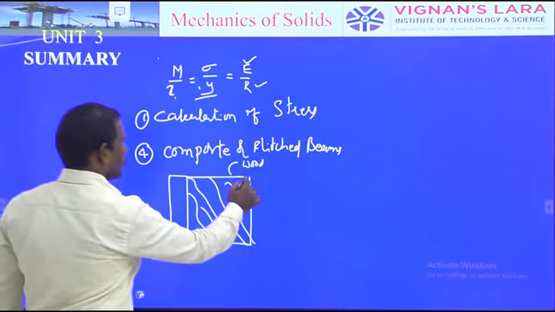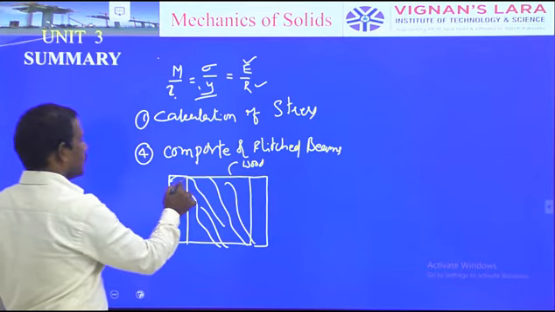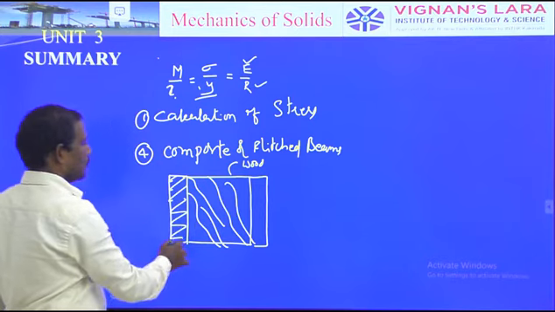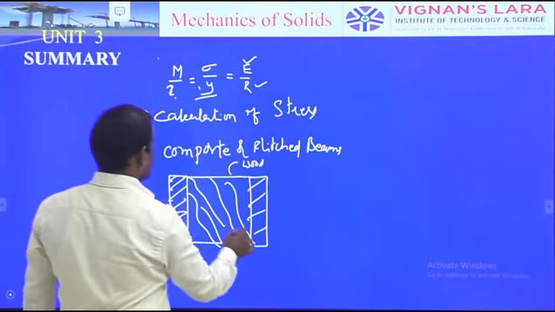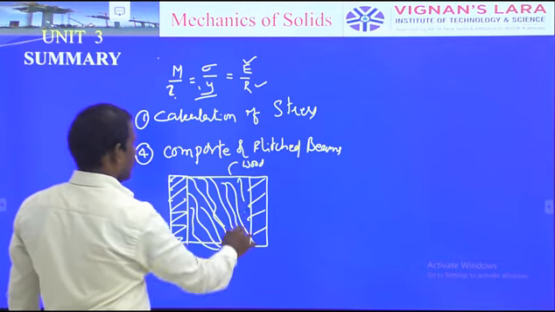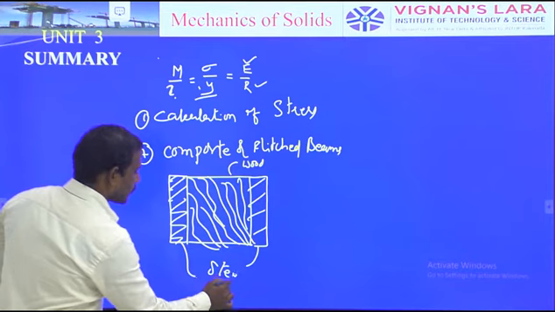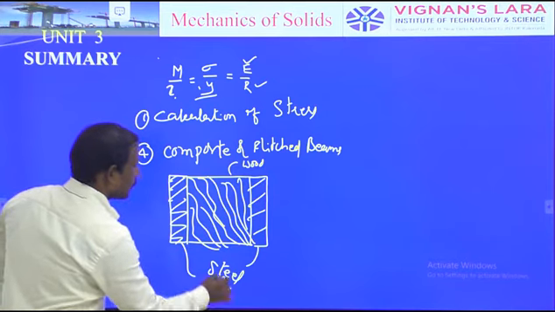This is the one steel plate at the left end. It is represented as shown in the figure. These are the steel plates, and this is the wood.